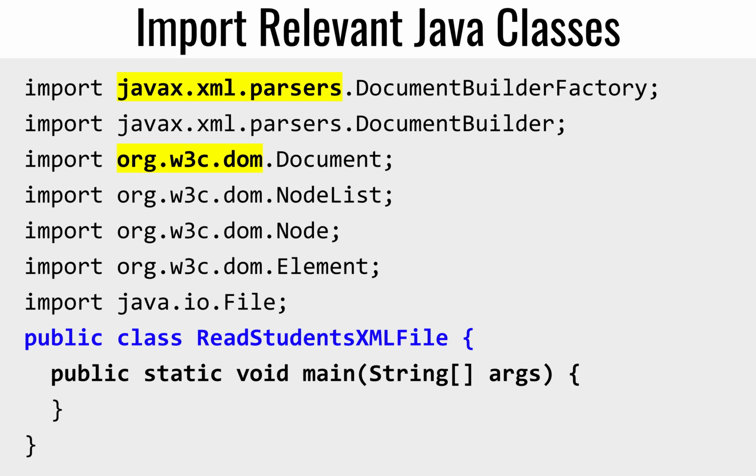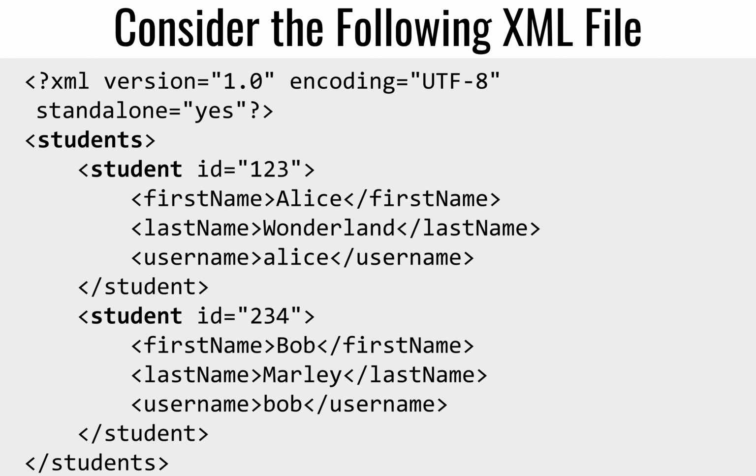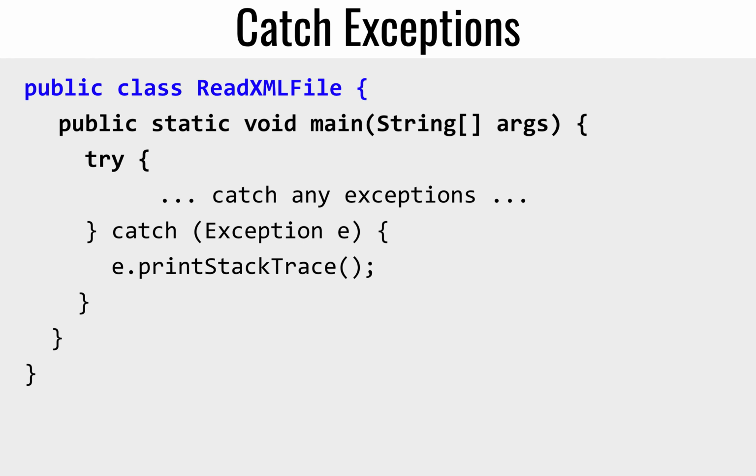Here's a very simple example of a Java class that can read an XML document, in particular the students example. Everything starts in main. Notice that we put everything in a try-catch block because we're dealing with files and parsing. The first things are to create an instance of the document builder factory and then the builder.